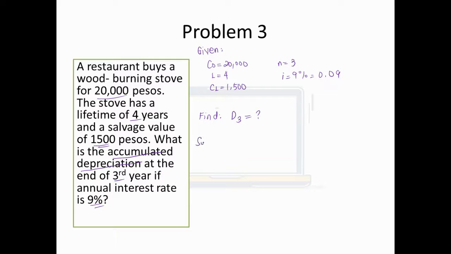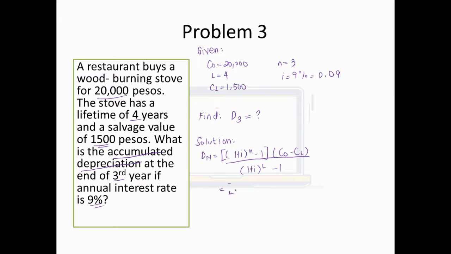So using the same formula, D sub N is equal to (1 plus I) raised to N minus 1, multiplied by C sub 0 minus C sub L, all over (1 plus I) raised to L minus 1.